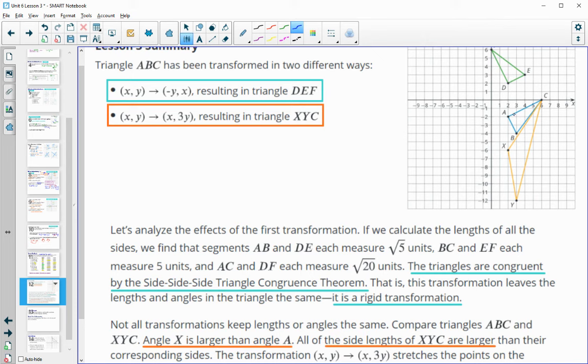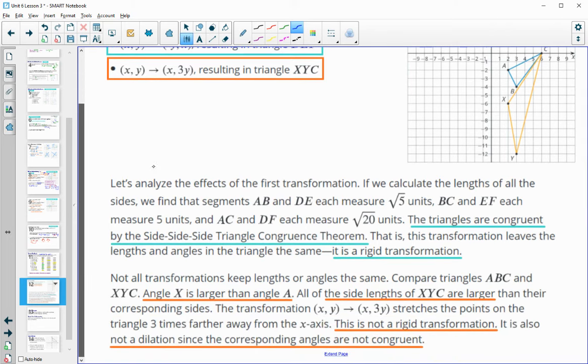This next one, from the blue to the yellow, here's the rule that we followed. We just multiplied the y by 3, which just stretches it vertically, but doesn't stretch it horizontally at the same time. So that's producing different sized side lengths.